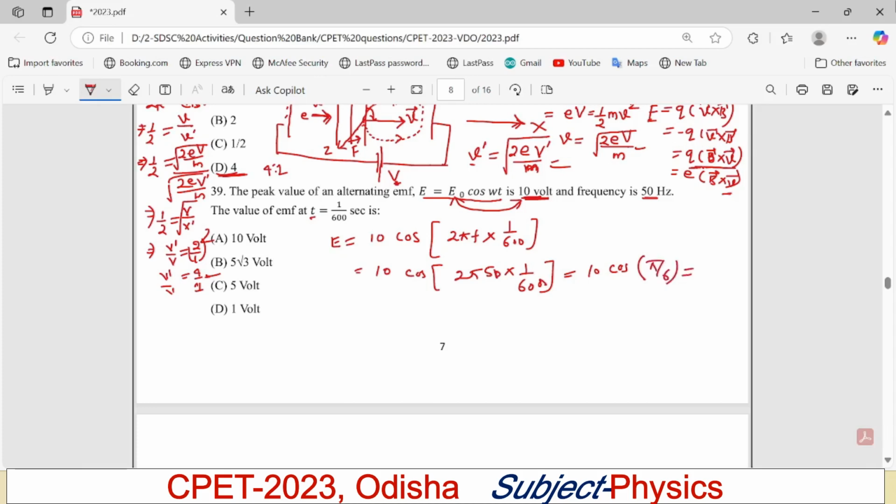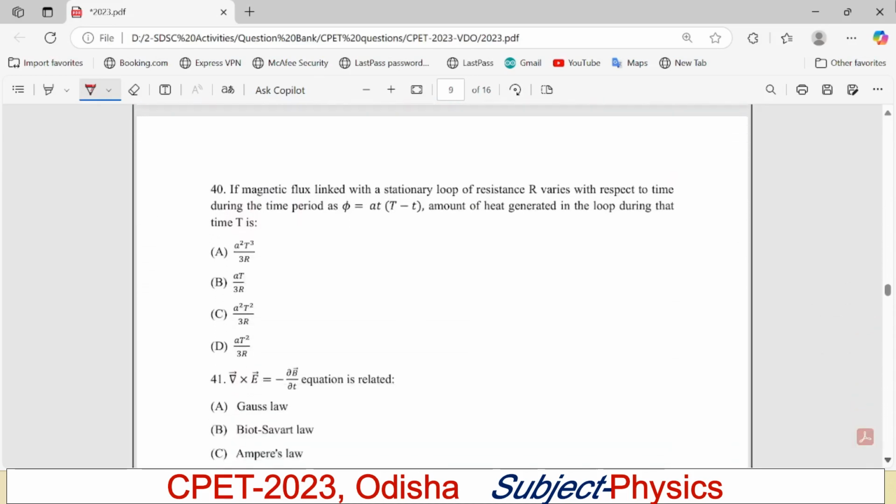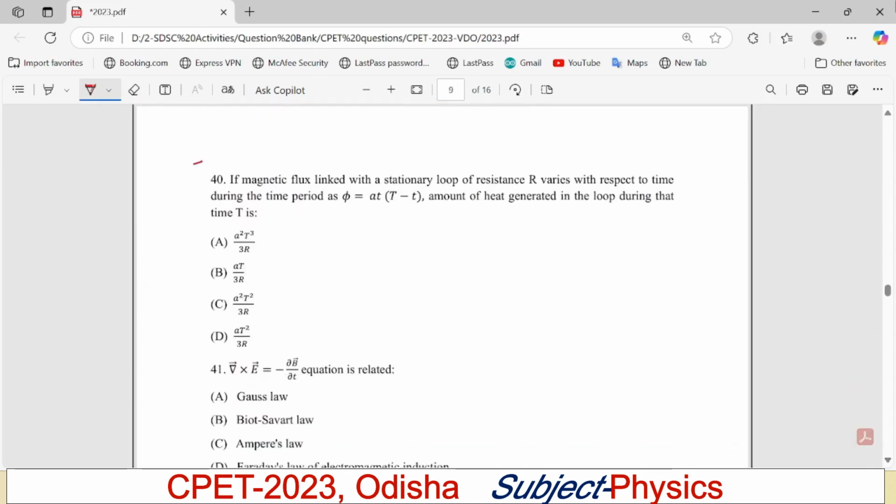Cos pi by 6 is nothing but cos 30 degree, which is root 3 by 2. So 10 into root 3 by 2 is equal to 5 root 3, which is the answer. Option B is the correct answer. Now we are going to go for our next question, question number 40. Very important question.